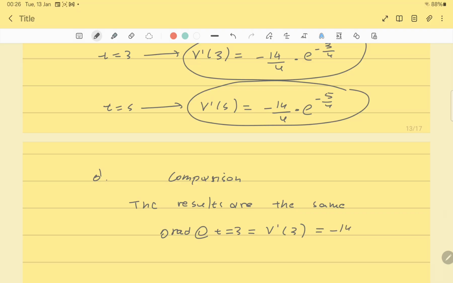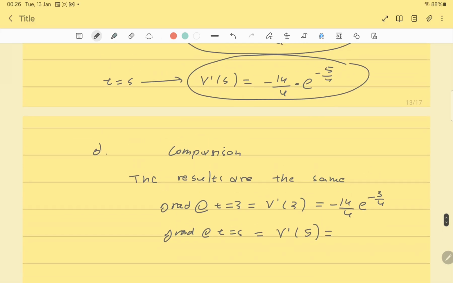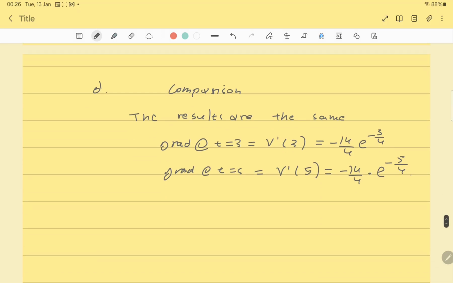So that is minus 14 over 4 e to the minus 3 quarters. And the gradient at t equals 5 equals the first derivative of the function evaluated at t equals 5. And that's going to be minus 14 over 4 times e to the minus 5 over 4. So the results are exactly the same.